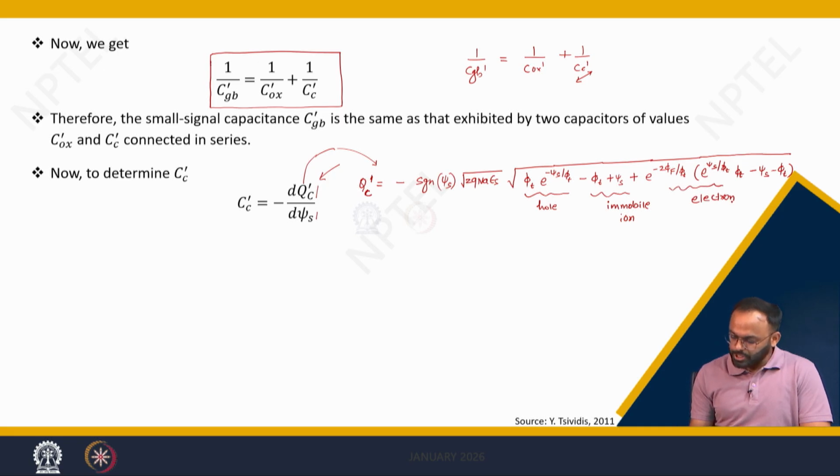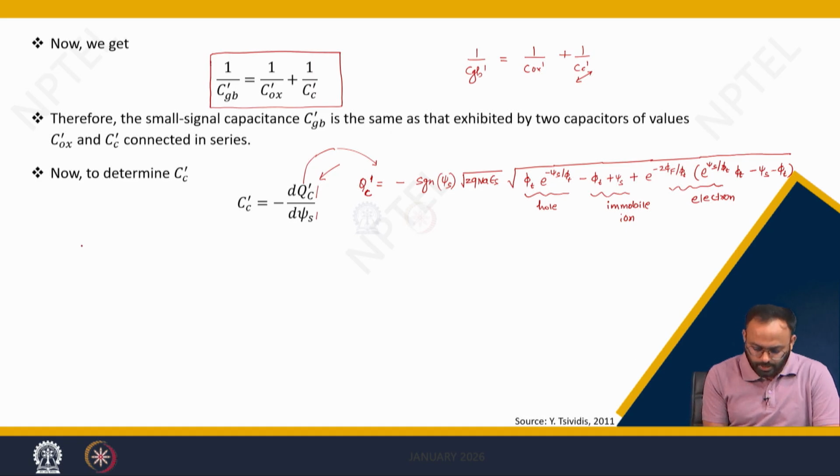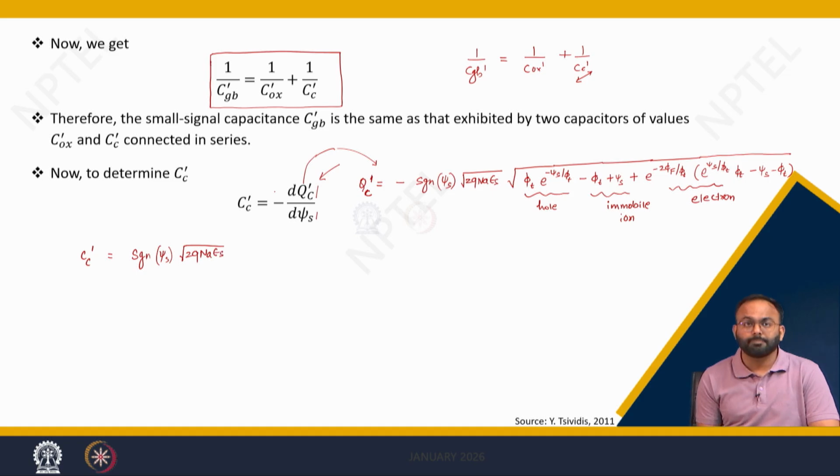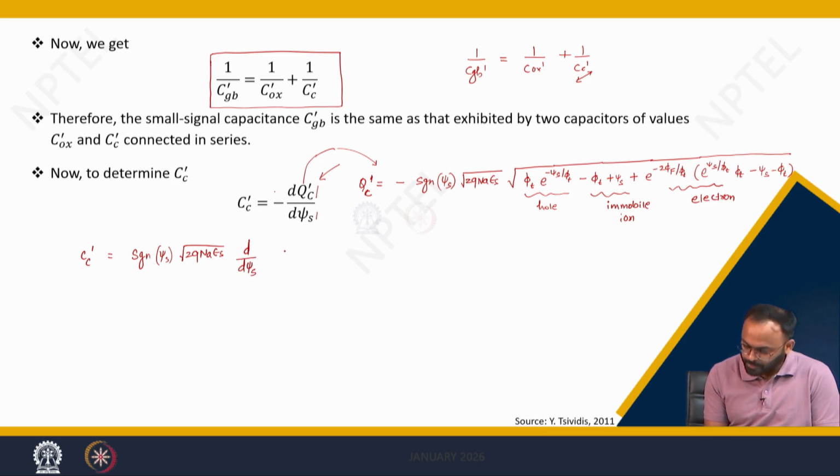Let us do the differentiation of this and try to calculate the value of CC dash. So, this minus and this minus gets plus and you will get signum of psi s times the square root of 2q Na epsilon s. Now, we need to differentiate this with respect to psi s.